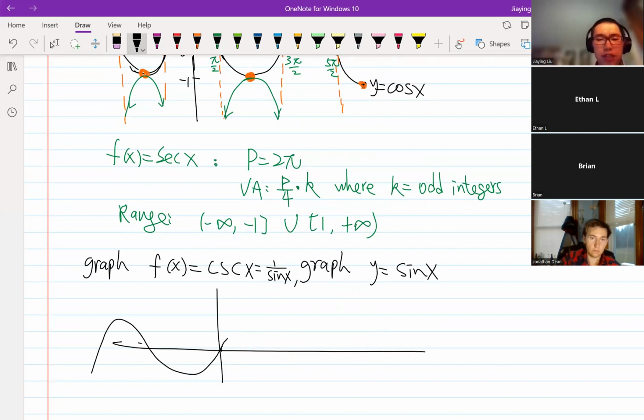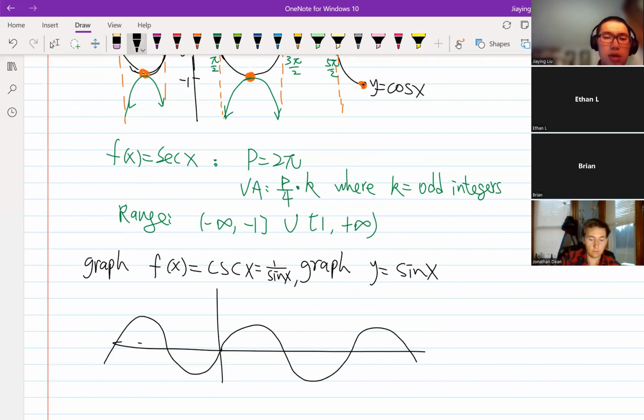So for the sine function, every time we have a 0 on the x-axis, so y equals sine x, there must be a vertical asymptote for the cosecant function, because we have 1 divided by 0, undefined, so the y value at those particular x values are undefined for cosecant x.